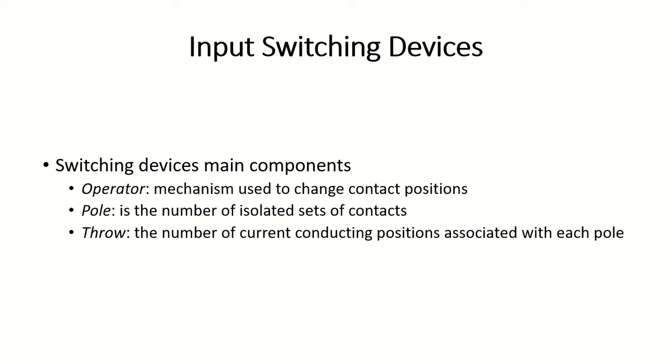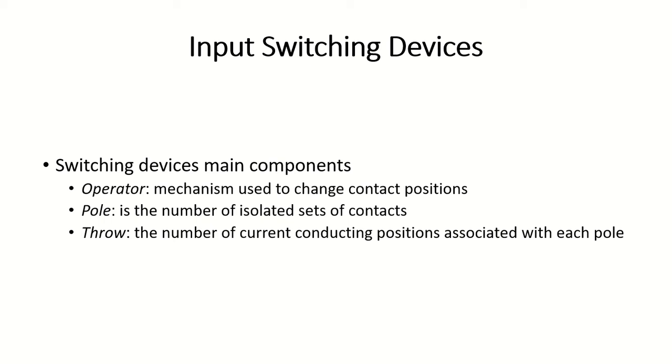So when you think of our operator, it's going to be that piece of plastic that has a plunger attached to it, typically spring-loaded, depending on what type it is, that we press. And what it does is it opens or closes sets of contacts.